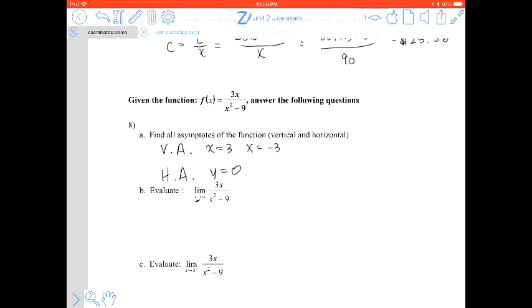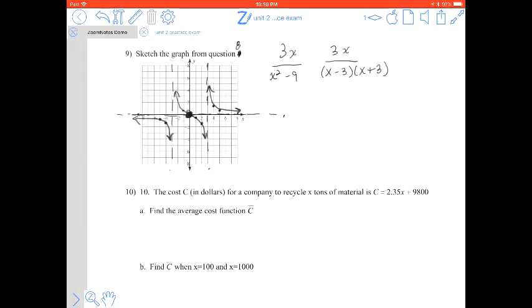Now the limit as x approaches infinity of that same function, if we go back, x approaches infinity means we're moving along the x-axis here, and the x values are getting larger and larger. So x approaches infinity means the x values keep getting bigger and bigger. So here we have an x value of 4, here we have an x value of 5.